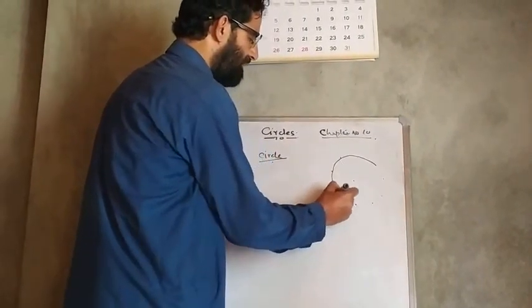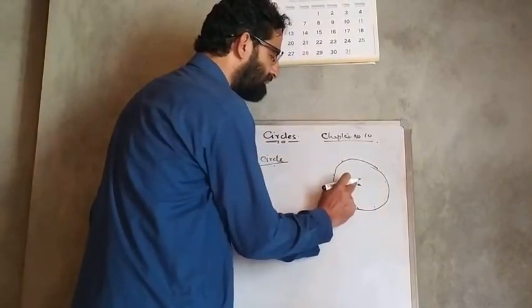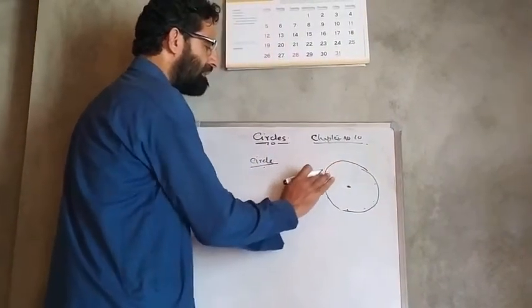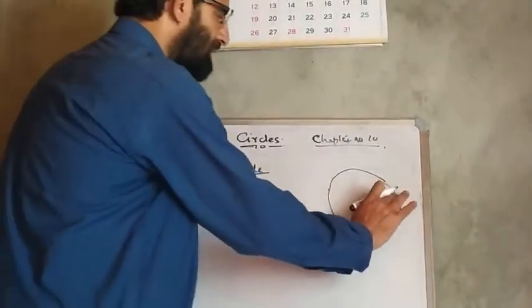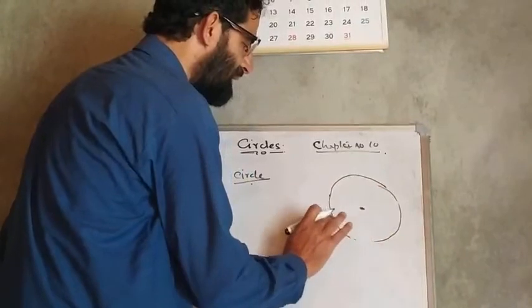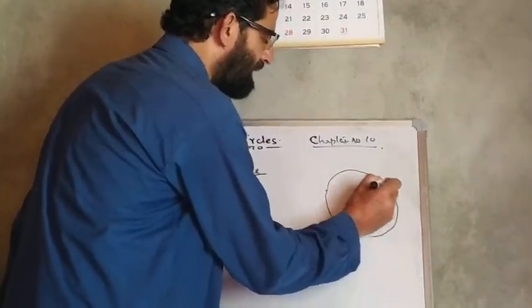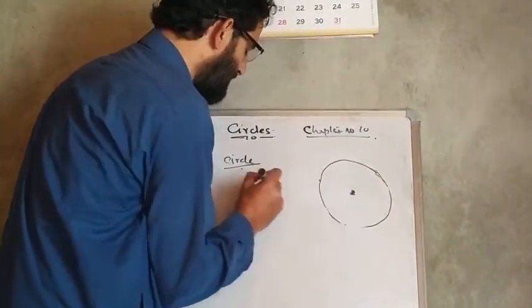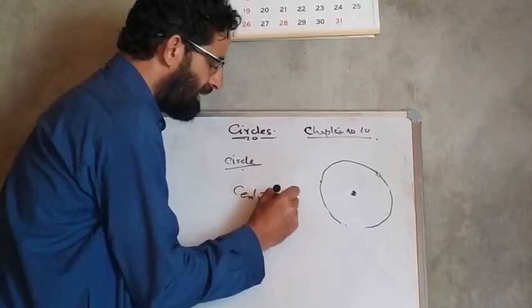You can see the locus of a point is called the circle. So a collection of points which are equidistant from a fixed point. This fixed point is called the center of the circle.